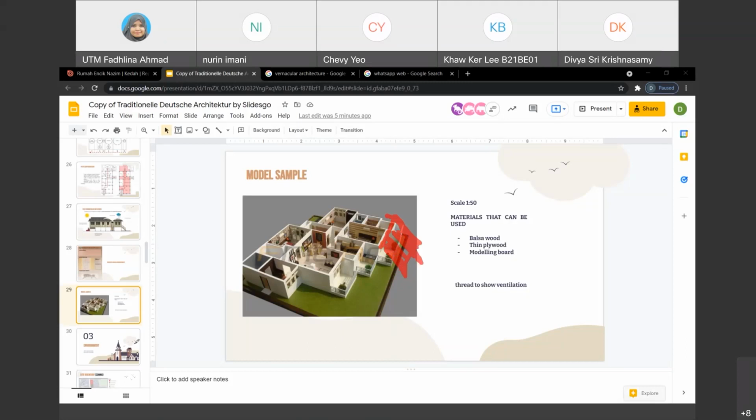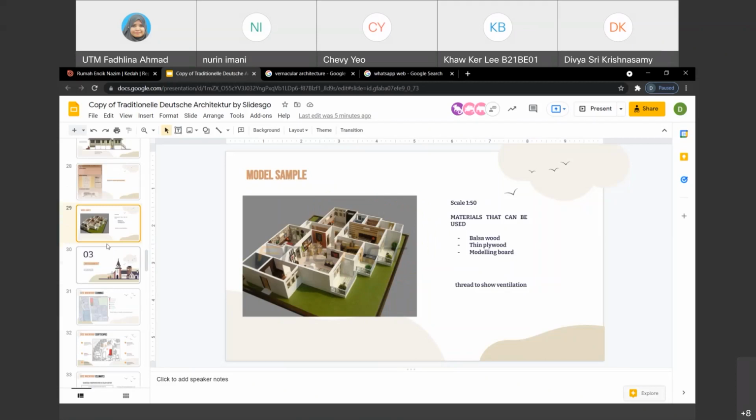It's okay because you haven't chosen the one that you are going to do the model, right? Yeah. So after this, try to make it so that this one is a complete one, and then this one can be something which is only showing the plan. Okay, Doctor. Okay, can, Doctor. So, yeah, that's all from me, Doctor. Next is Amir.